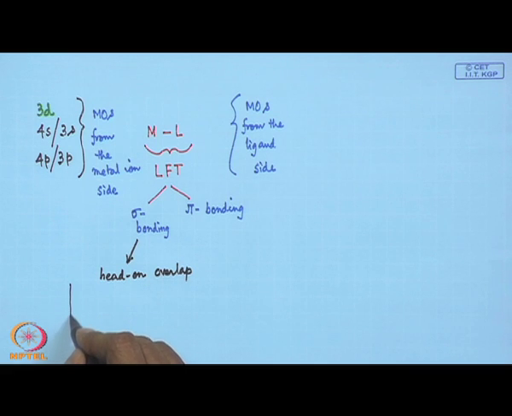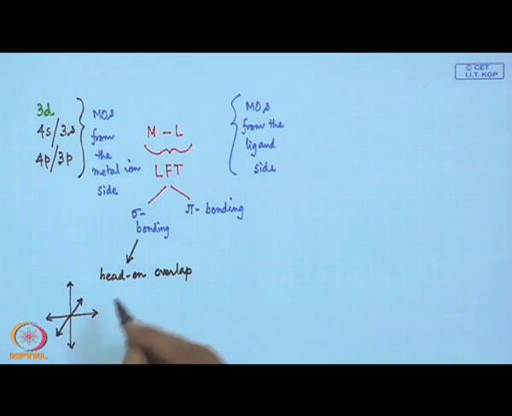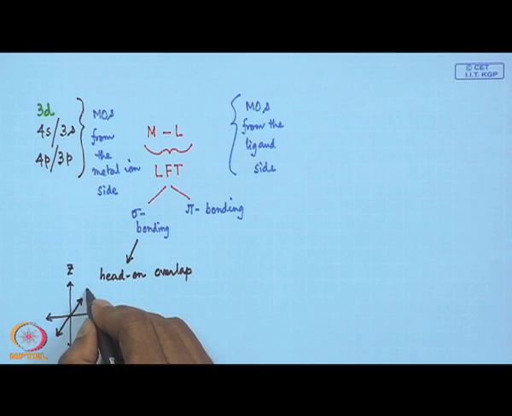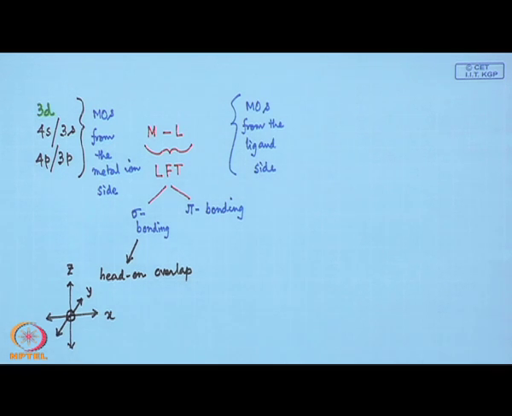That means we have the corresponding axes which we are considering as the x, y and z axis. So, if this is z, this is x and this is y, and the metal is sitting at the center of these Cartesian axes. Now, we can have the corresponding ligand.